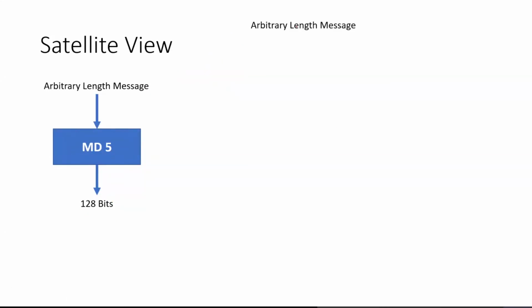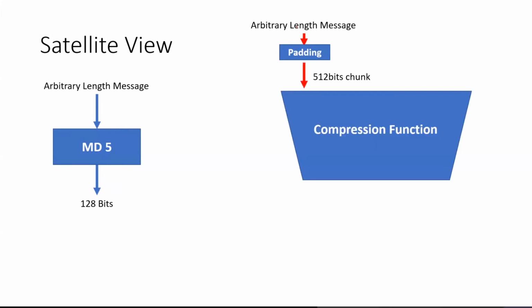We'll have something like this. We have an arbitrary length message. This arbitrary length message is sent to a block of padding. After padding, we take 512 bits. The first 512 bits, run it through a compression function.